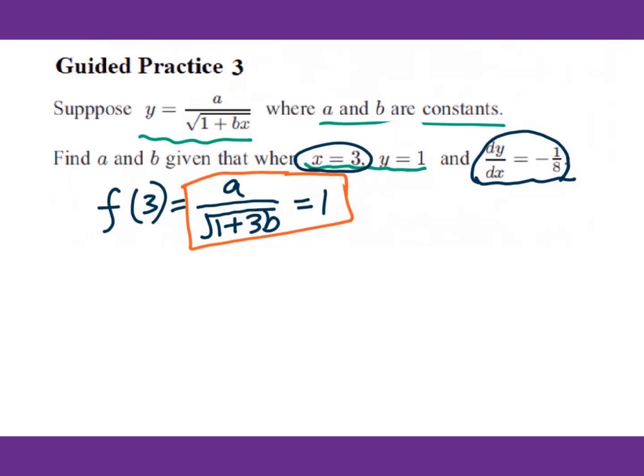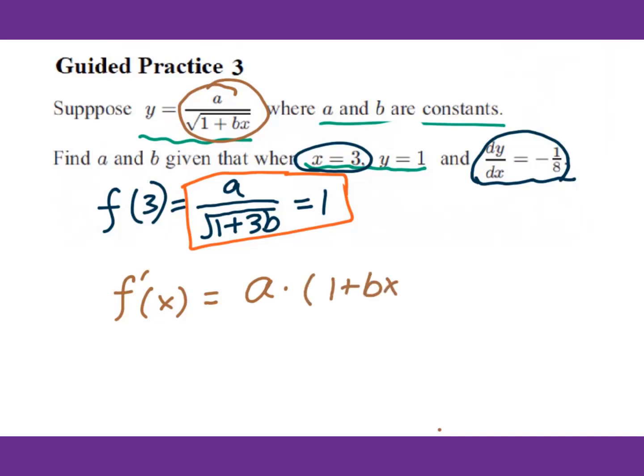So we need to figure out the derivative of this f(x). First of all, we need to change the function into power form: a times (1 plus bx) to the negative 1/2 power. Then we do the derivative.